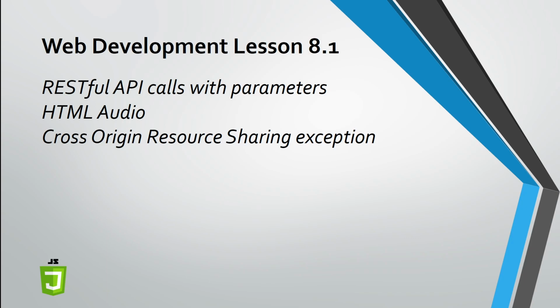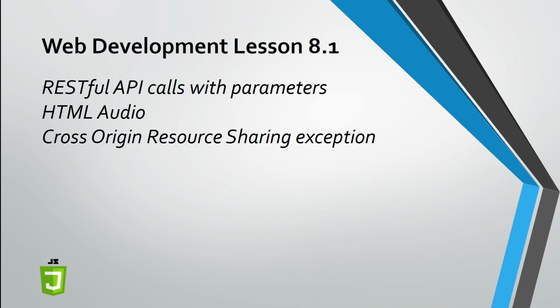When we dealt with the FruityVice example, we saw something called the cross-origin resource sharing exception, CORS, where some websites will not allow you to directly access the data from outside of their website.